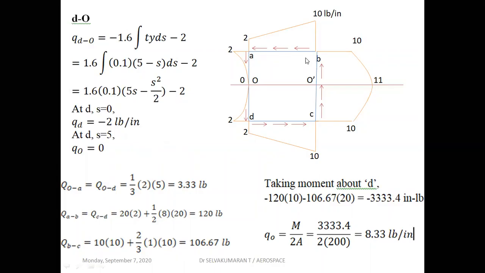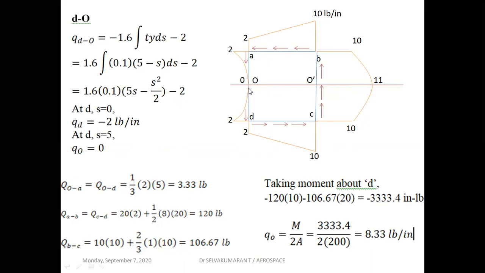AB and CD have the same shear flow diagram, rectangle area plus triangle area, giving a shear force of 120 pound. BC is rectangle area plus parabolic area, and 106.67 pound is the shear force acting on BC upward.